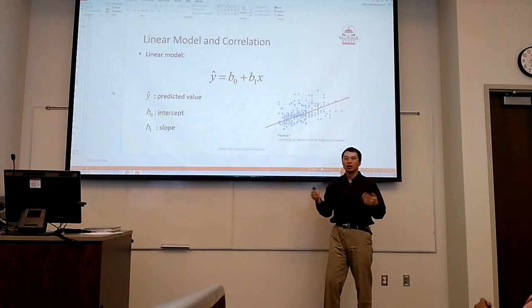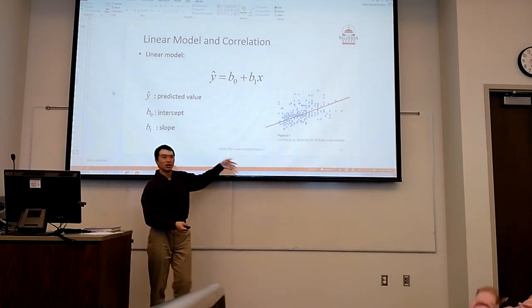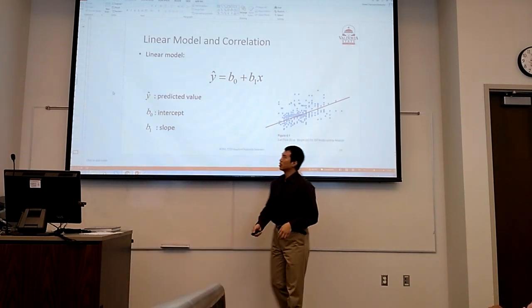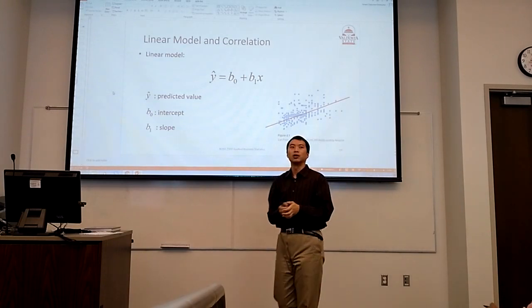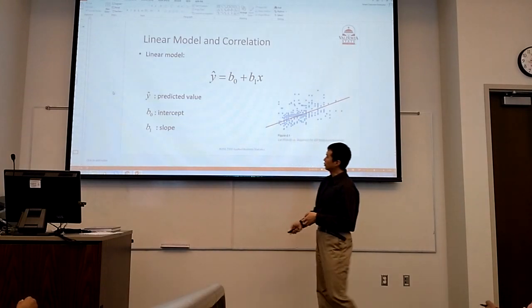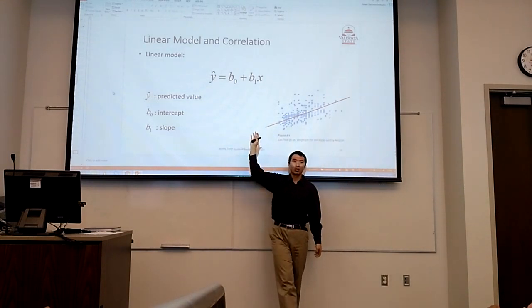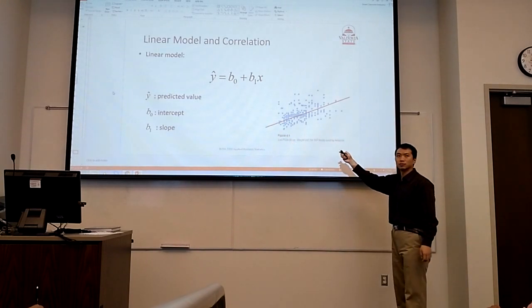I believe all of you took a mathematics course, so you know what intercept means and what slope means. This is the general expression for the linear regression model. Any questions so far, before we move on?